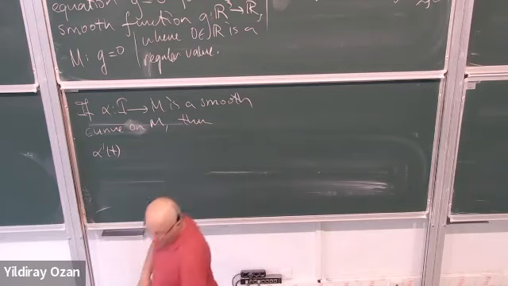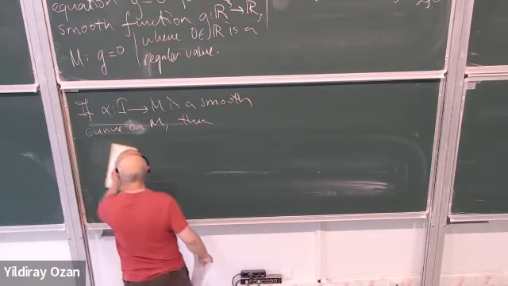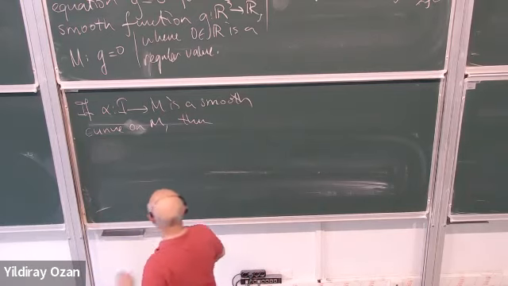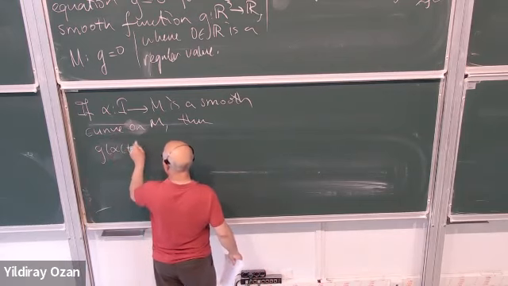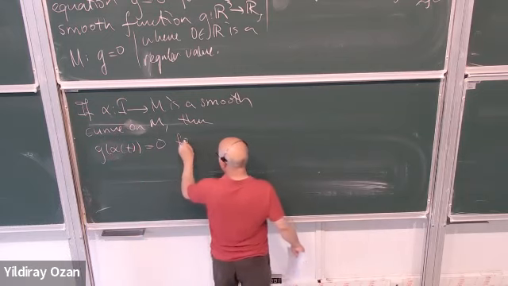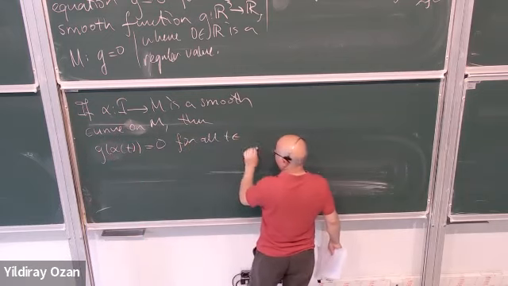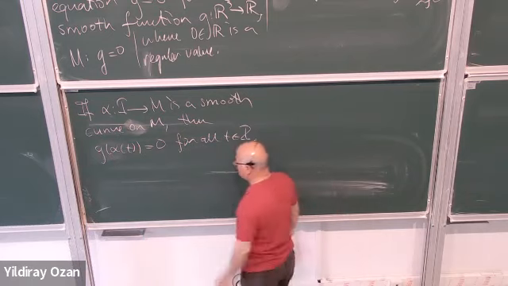I am trying to say that this is a tangent vector. So how then? Of course, G of alpha t is 0 for all t in this interval, right? Why is that?